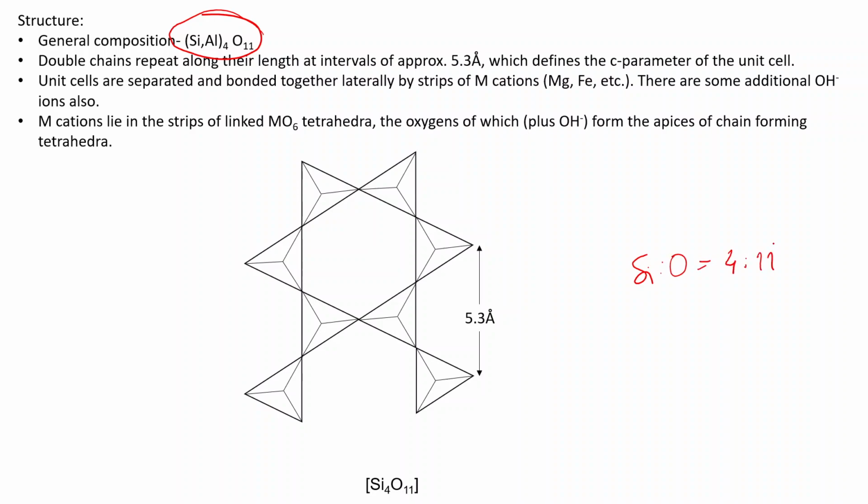Now, this is a picture. So, here we have the double chains. If you remember, in pyroxenes, there were single chains as the repeating units, while in amphibole we have the double chains as the repeating units. So it would look somewhat like this.